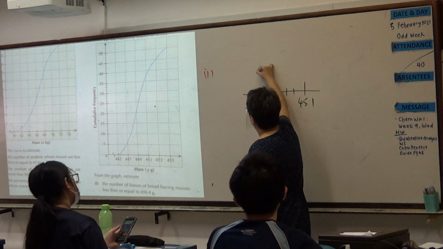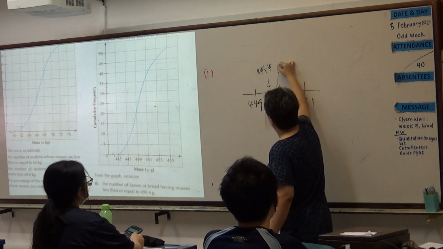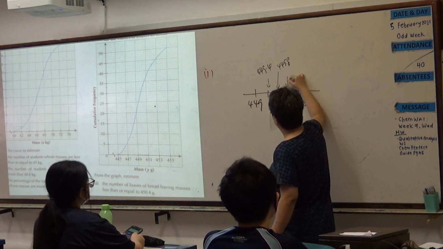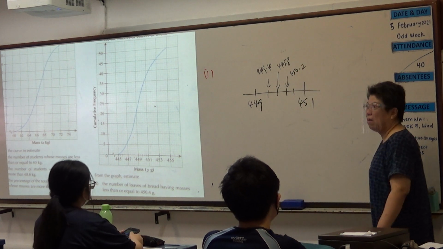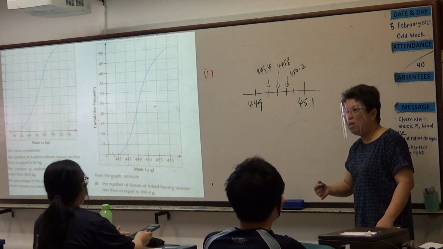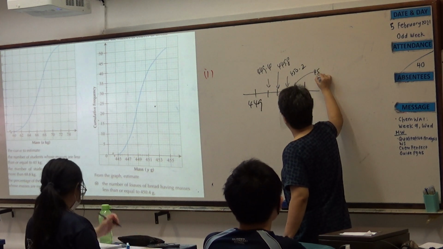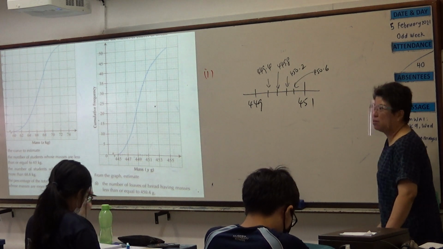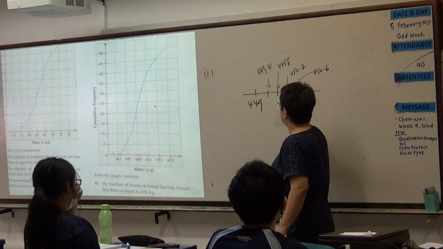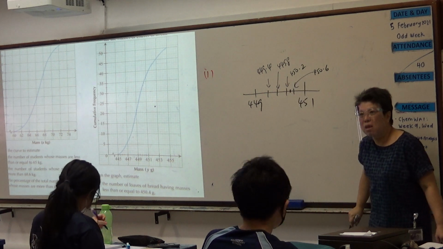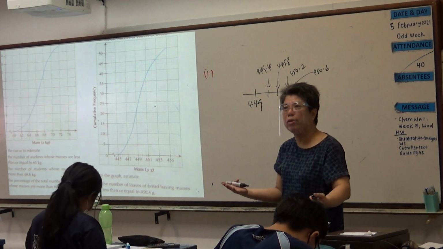How much is here? 449.4, right? How much is here? 449.8. How much is here? 450.2, right? Alright now. Can you see where is this? This is 450.6. Where is 450.4? Can you see it's in the middle here? You see, you have to read it very carefully.